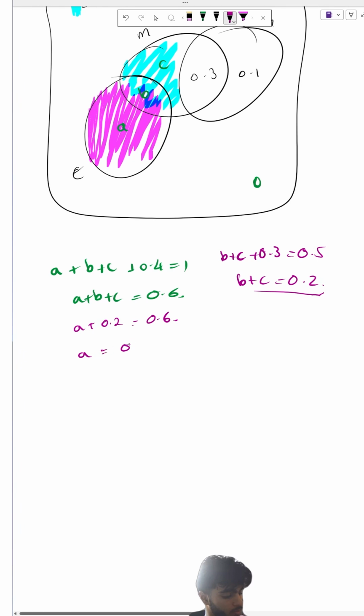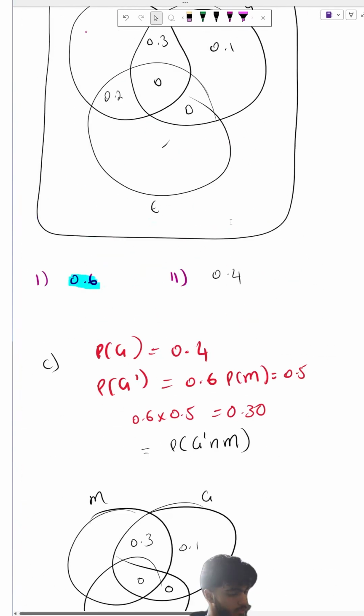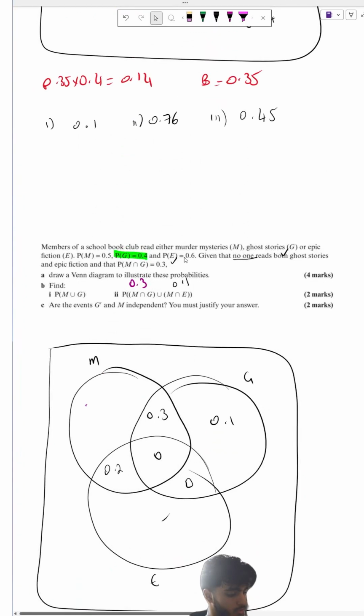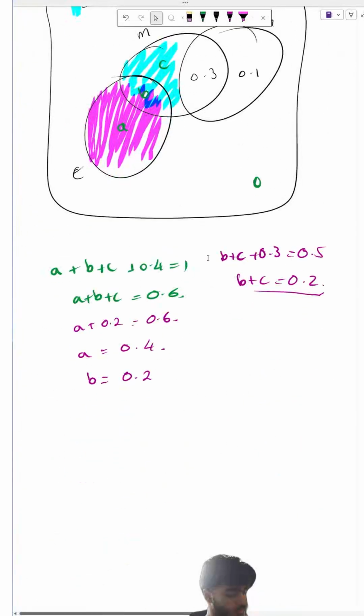A must then equal 0.4. Okay, and then I can work the rest out. If this is 0.4, then B has to be 0.2. I believe, if I just go back to the question, probability of E is 0.6. Okay, so that means B has to be 0.2, and C has to be 0.